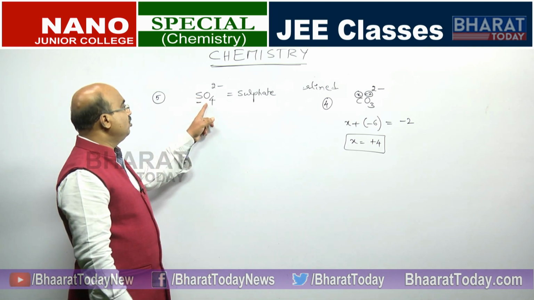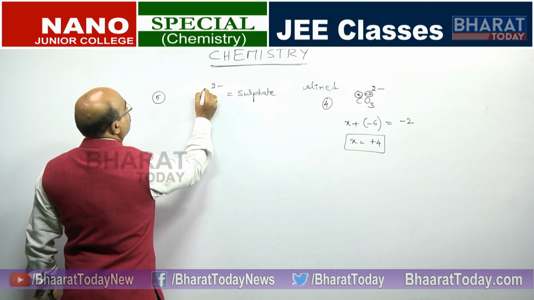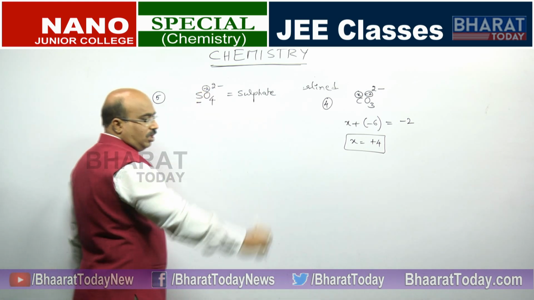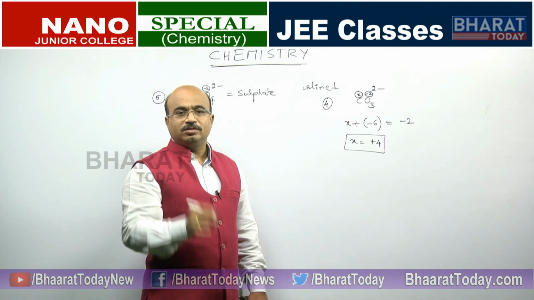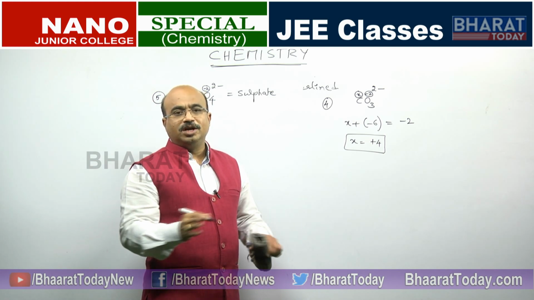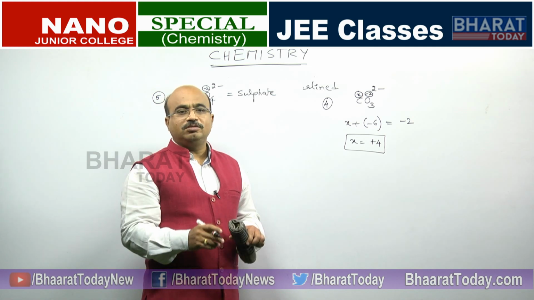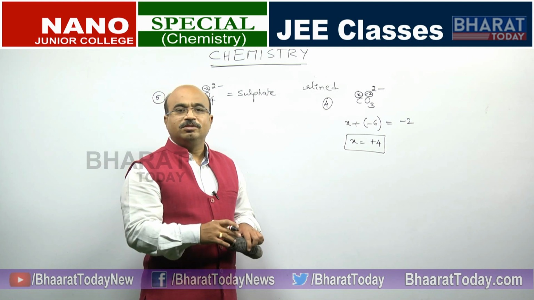Again oxygen is minus 2, because you can immediately recall it: oxygen is generally minus 2; with fluorine it is positive; in peroxide it is minus 1, and in superoxide it is minus 1 by 2.